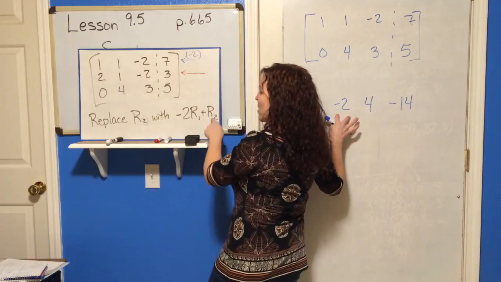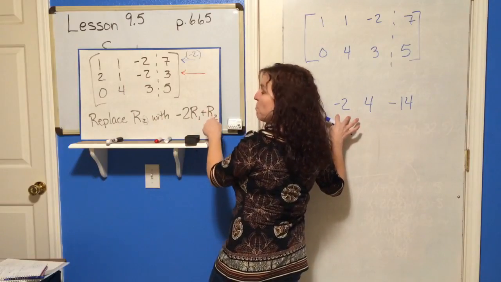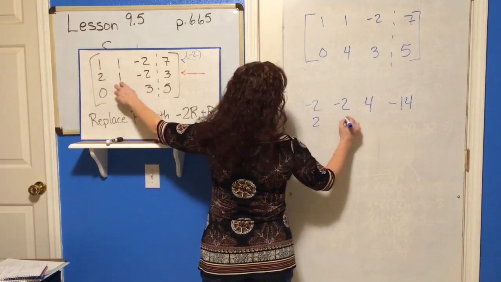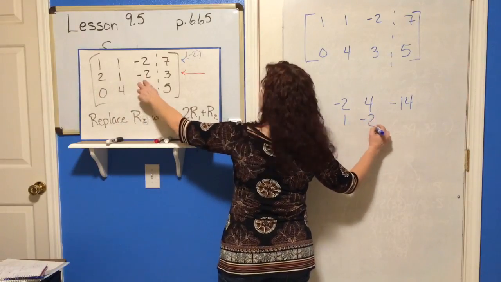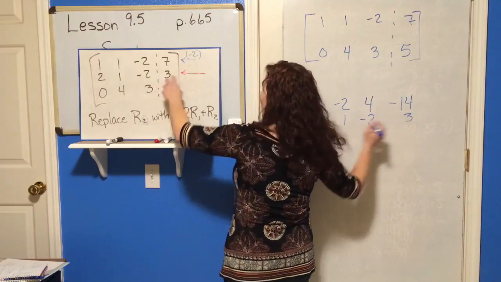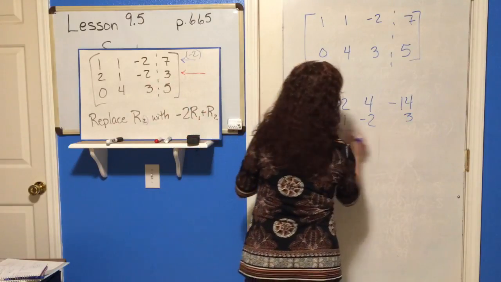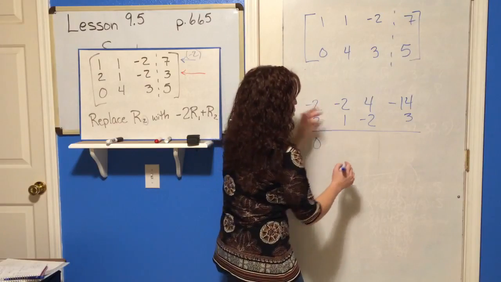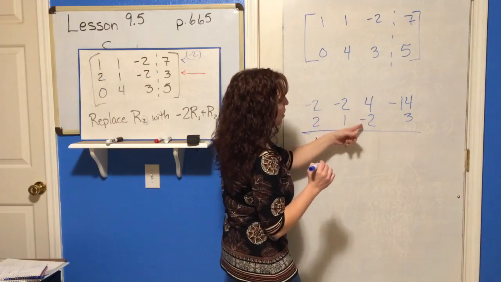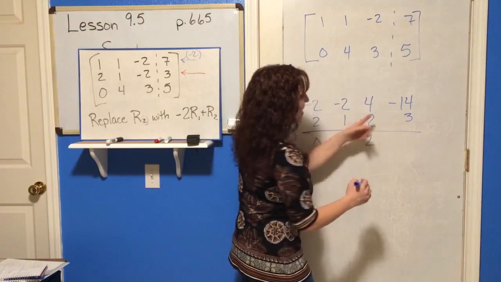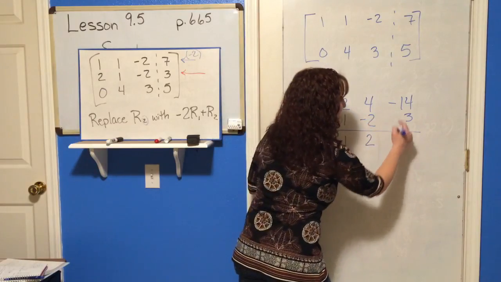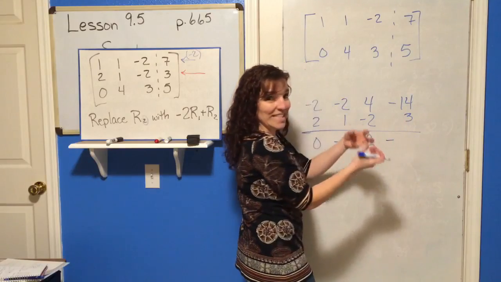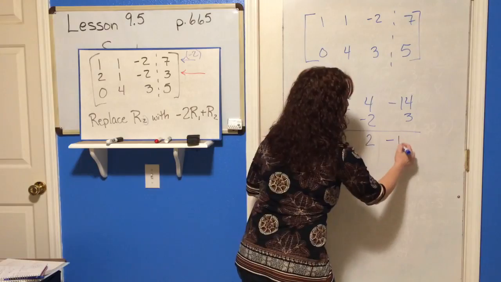So you took this row times -2 and you get this. Now I want you to add row 2. So I haven't multiplied it by anything, so you just take row 2, which is 2, and then 1, and then -2, and then 3, and it says to add them, so you're simply going to add them. -2 plus a 2 is 0, -2 plus 1 is -1, 4 plus a -2 is 2, -14 plus 3, the negative is larger, so it's going to be -14 minus 3 because the signs are different. 14 minus 3 is 11.